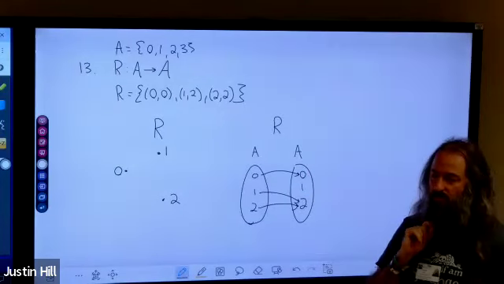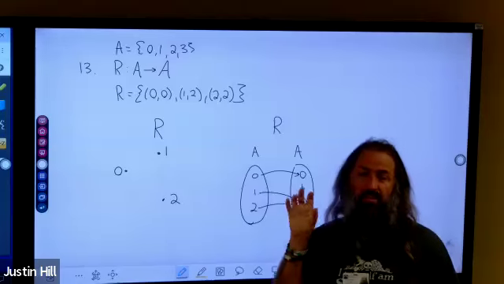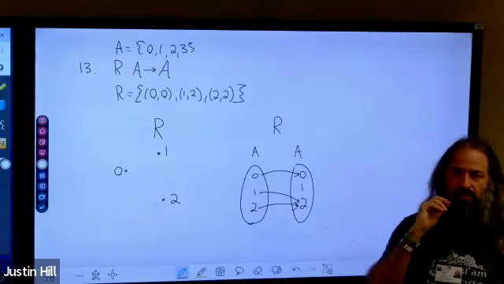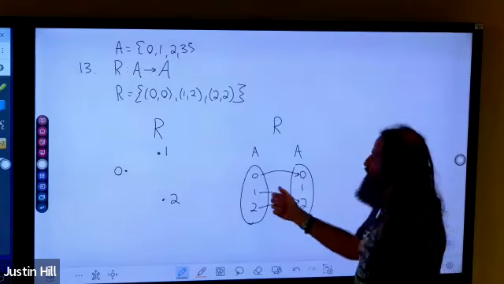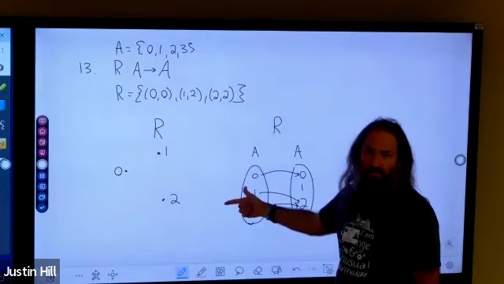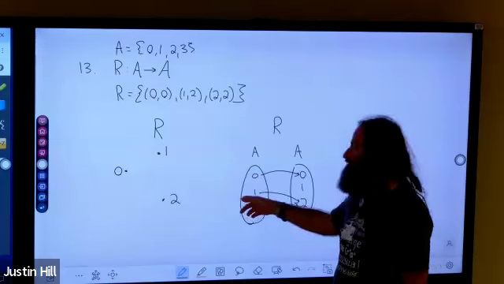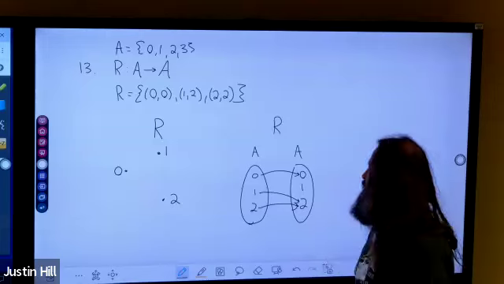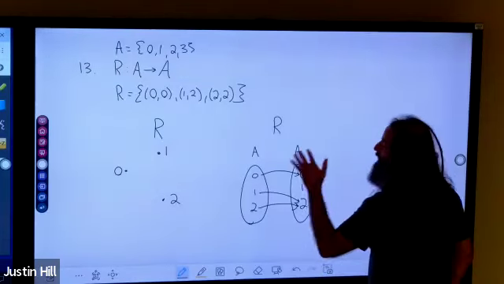But when you're not looking at algebraic functions, the arrow diagram is just incredibly useful. Anyway, sorry.